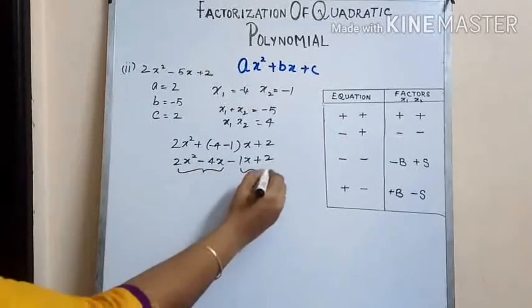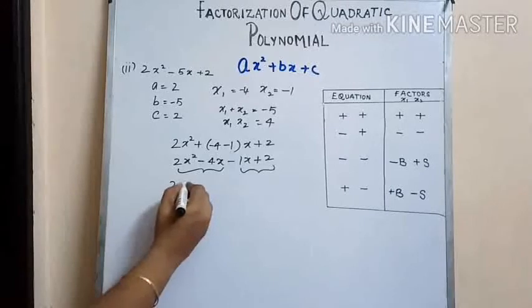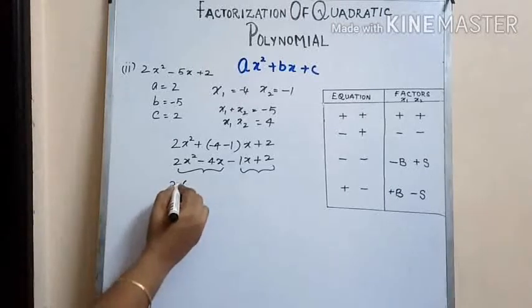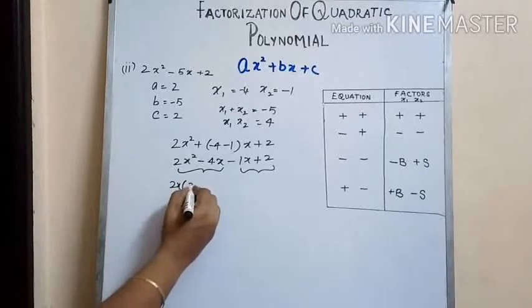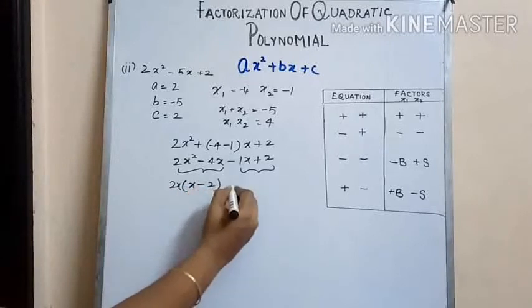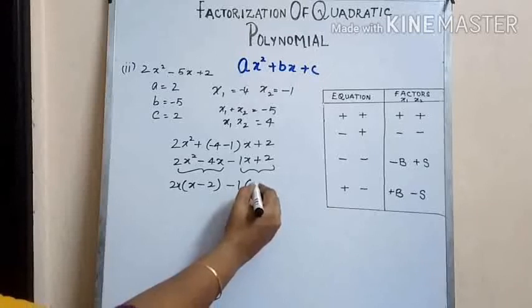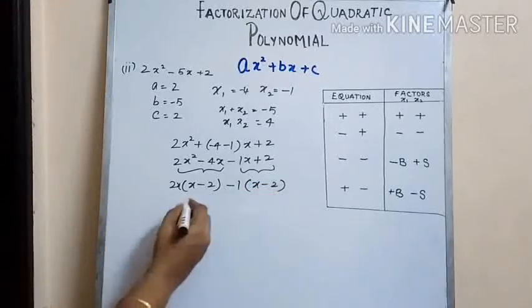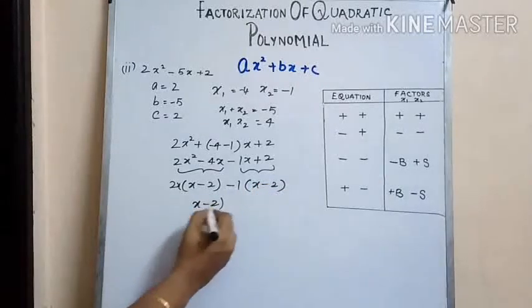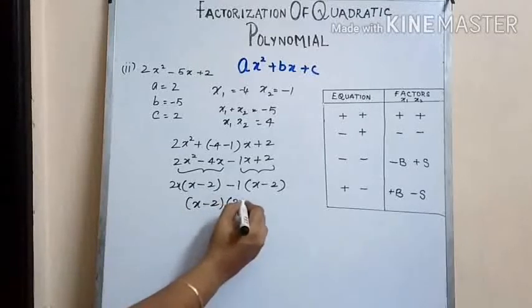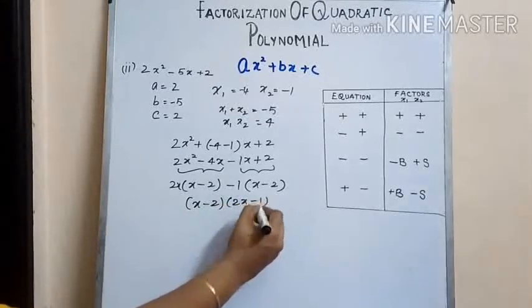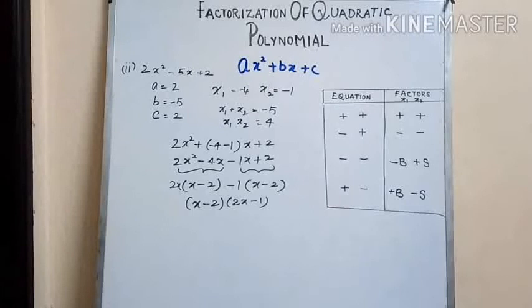The two groups are: you can bring out the common factor 2x here and you will have x minus 2 inside, and the common factor is 1 and you will have x minus 2. So x minus 2 is common and the factorization is like this.